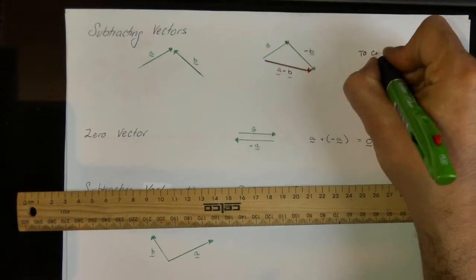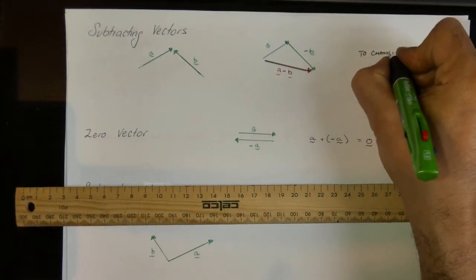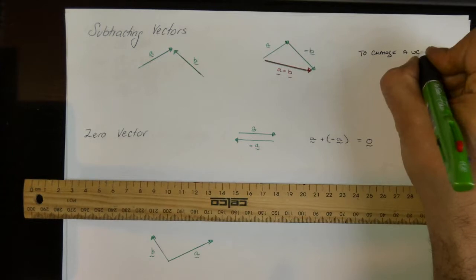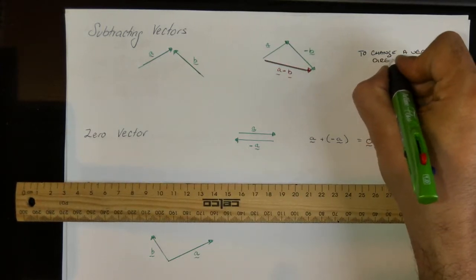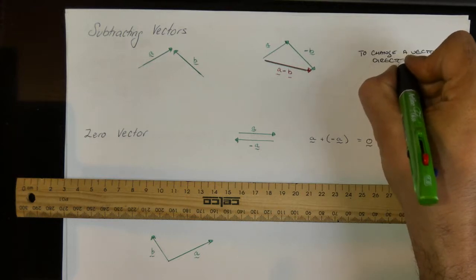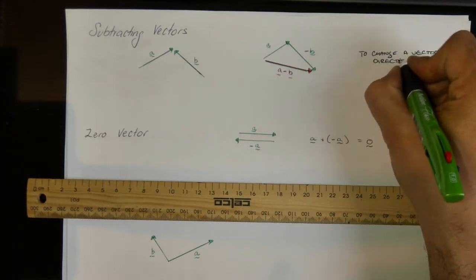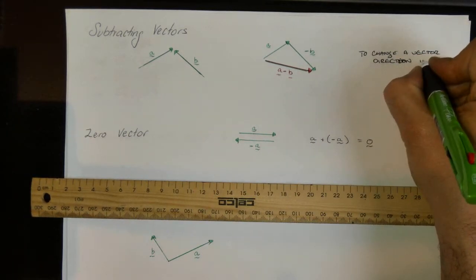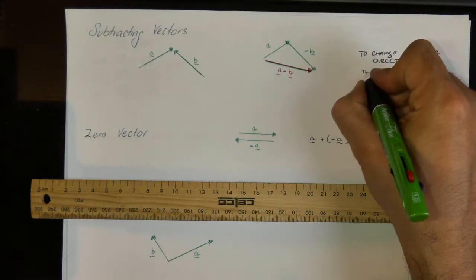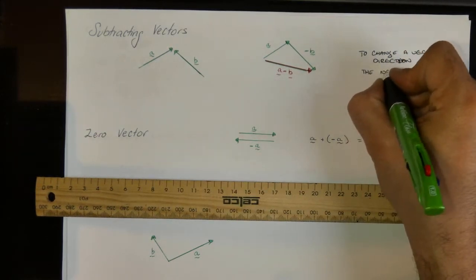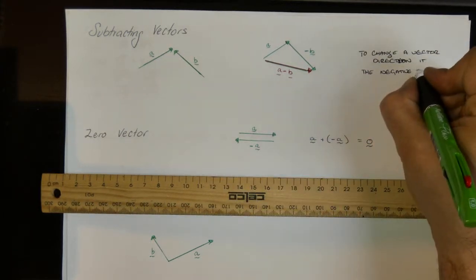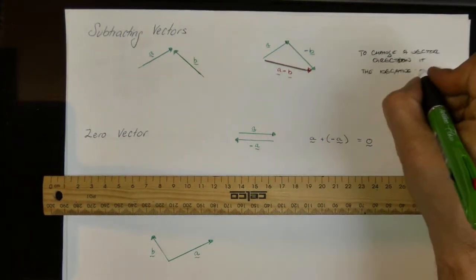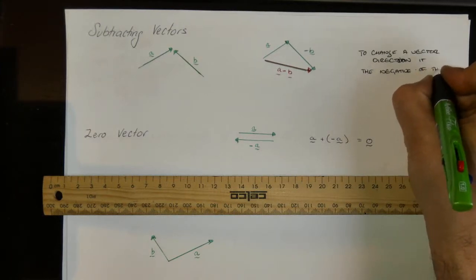To change a vector's direction, it's the negative of the original.